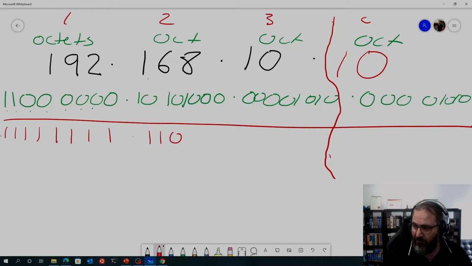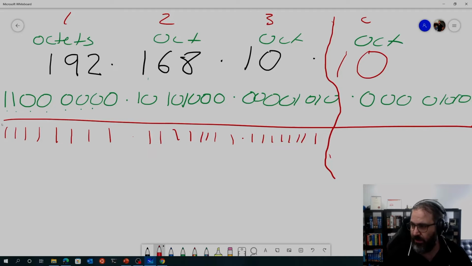If I put a 0 there, then the network stops there, even if the rest are all ones. But in this demonstration, I'm going all the way: 1, 2, 3, 4, 5, 6, 7, 8. 1, 2, 3, 4, 5, 6, 7, 8. So these are all the host bits.